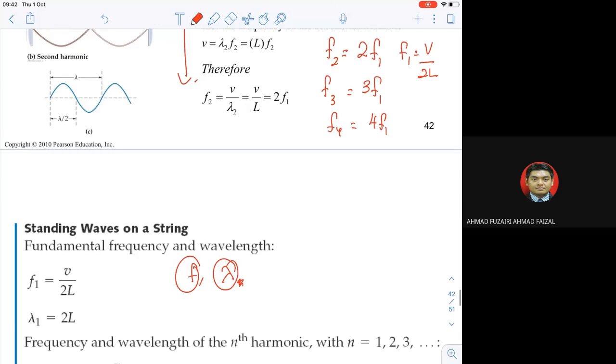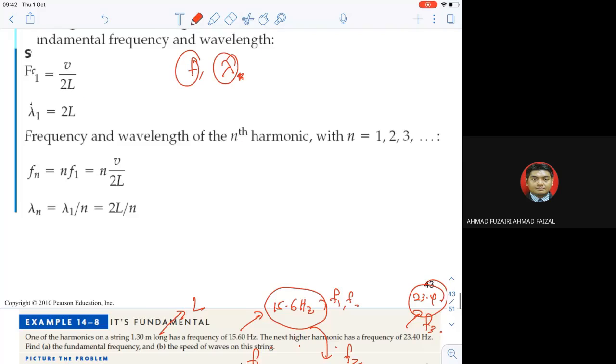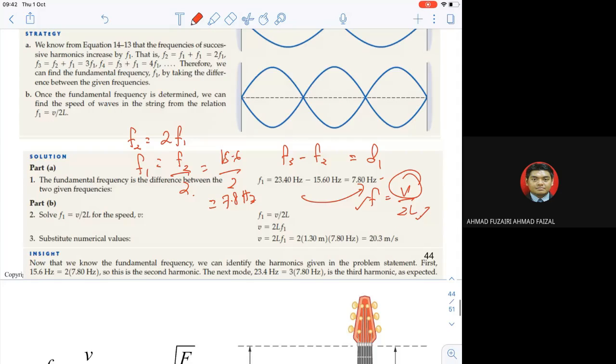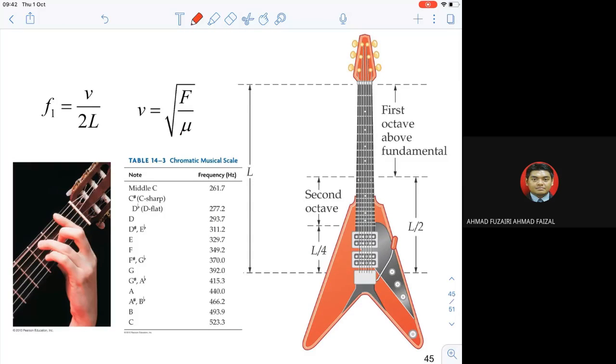Okay, right. So that should be what we should calculate when we deal with standing waves. So you can see on the guitar, for those who are playing guitar, you should know that every note will have its own frequency. So that should give you a different view afterwards when you play guitar.